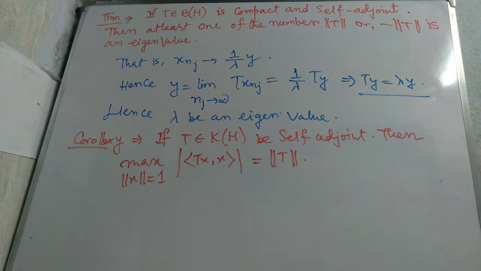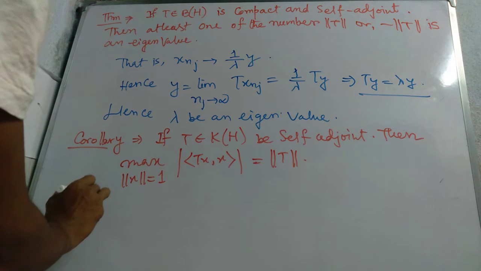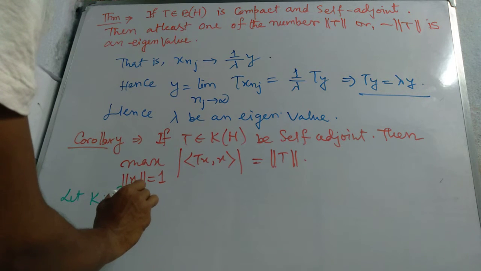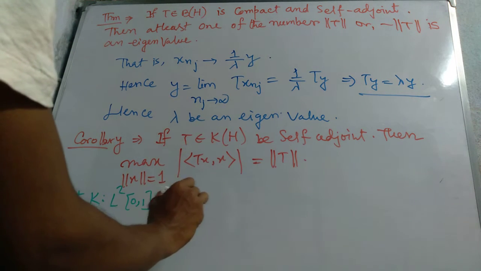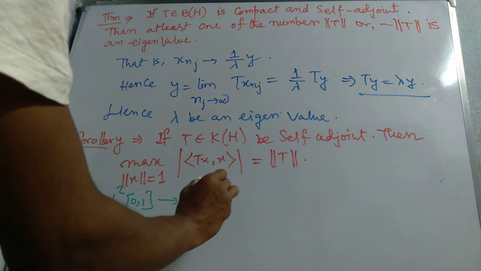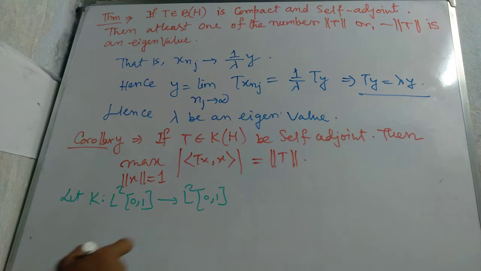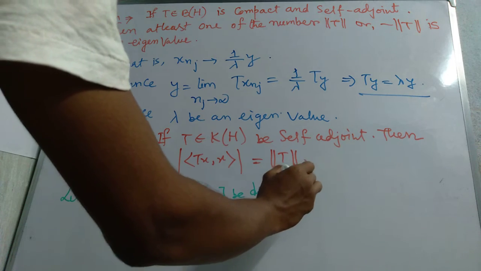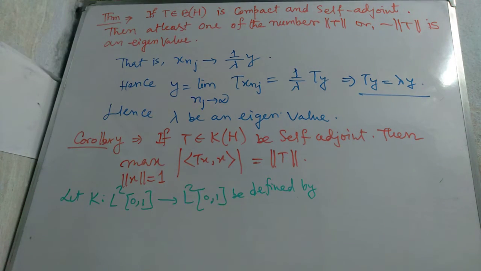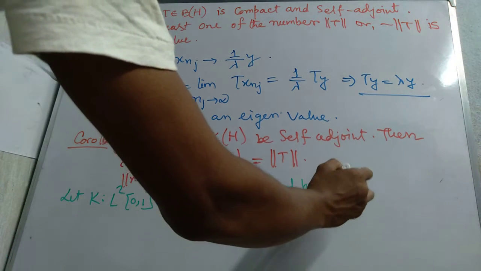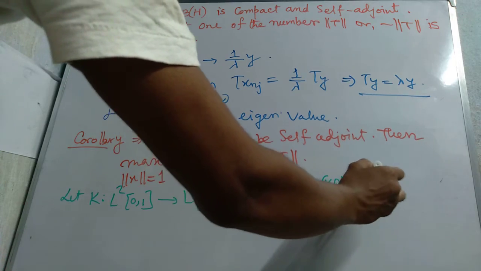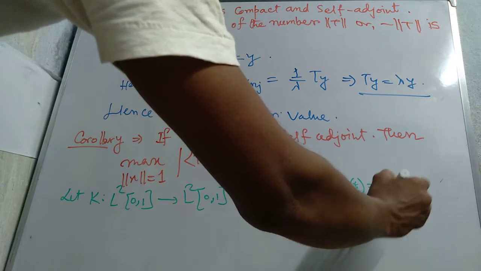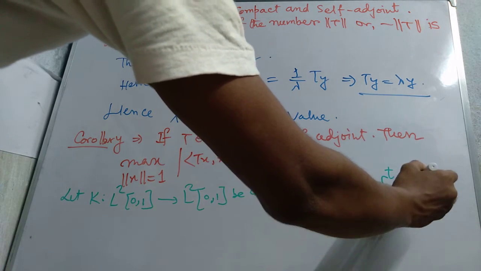Here we write, let K from L^2[0,1] to L^2[0,1] be defined by Kf(t) equal to integral from 0 to t of f(s) ds.